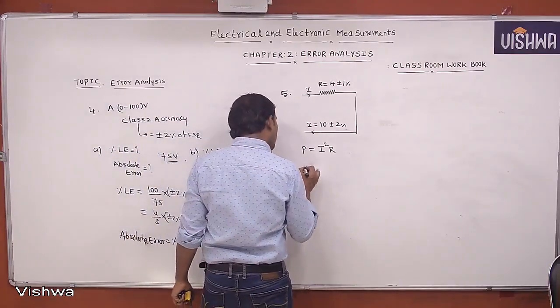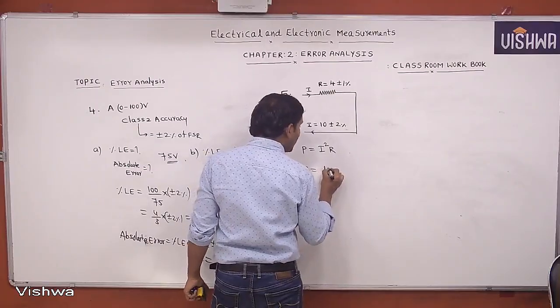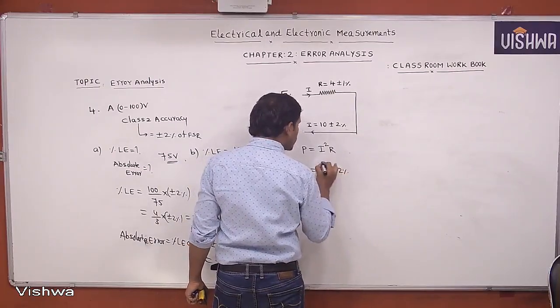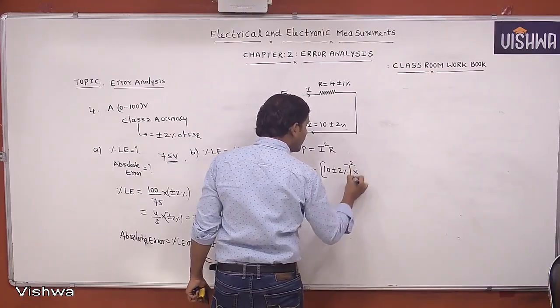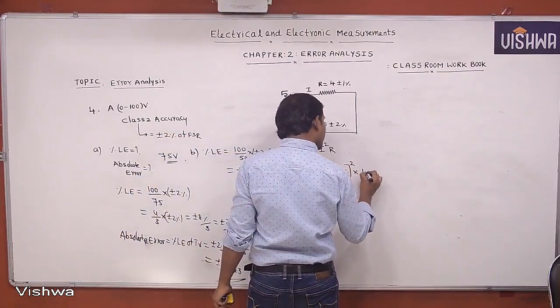How to solve? P equals I square R. The current is 10 plus or minus 2%, squared. The resistance is 4 plus or minus 1%.